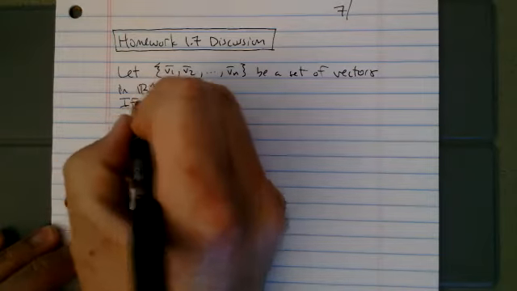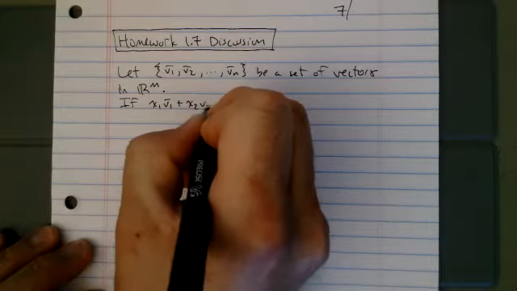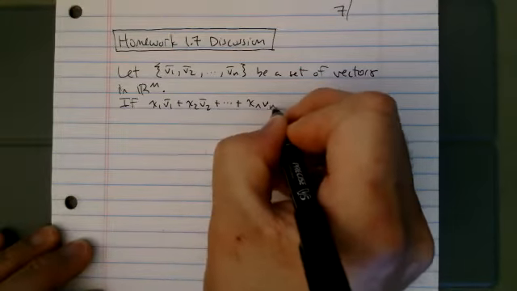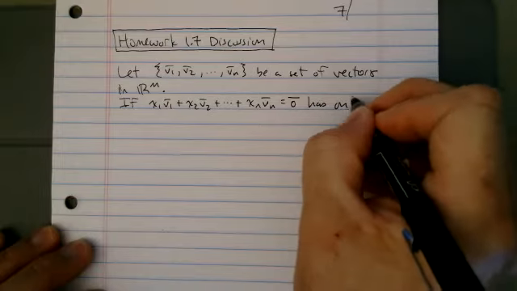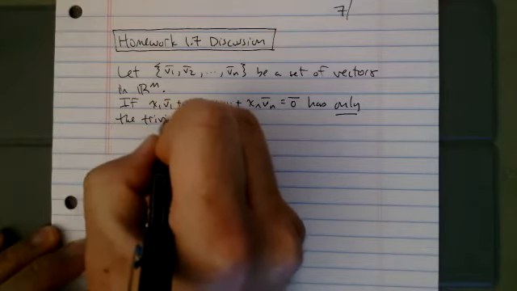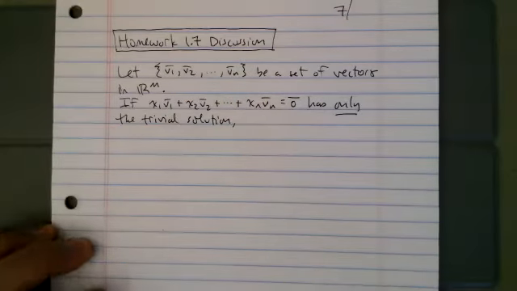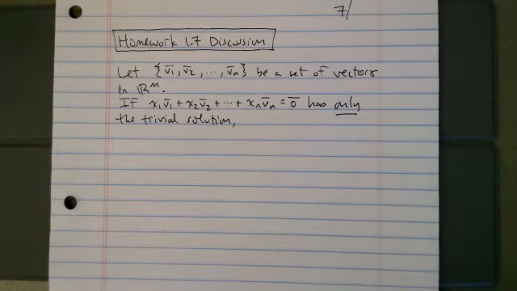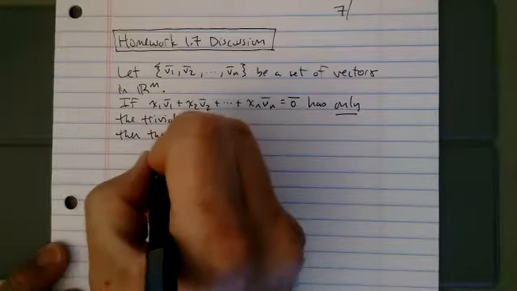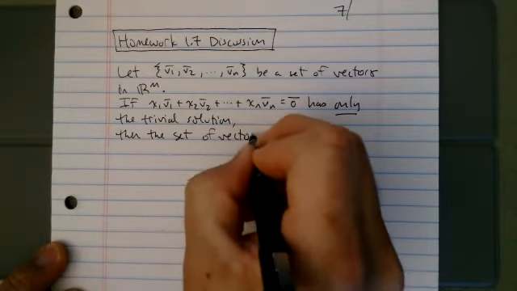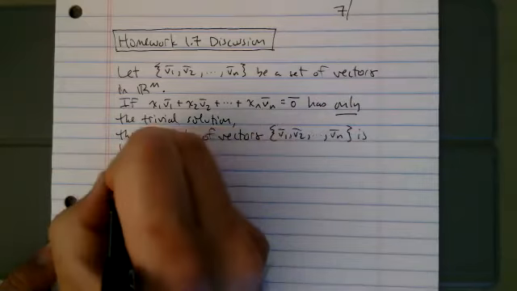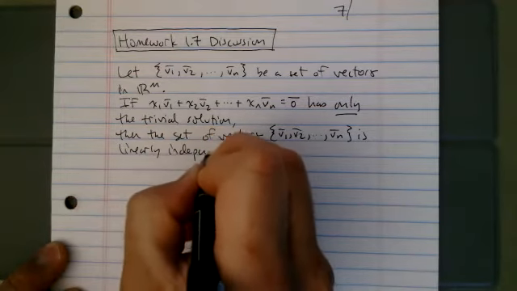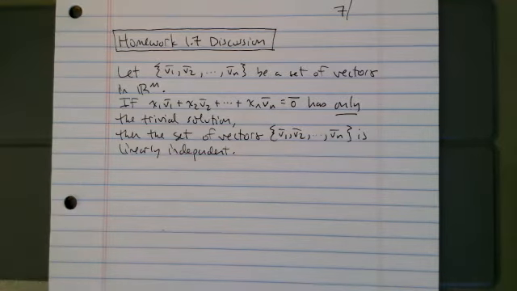If the equation x1 v1 plus x2 v2 plus xn vn equals 0, if this homogeneous vector equation has only the trivial solution, then the set of vectors is linearly independent. So let's pause and write that down.